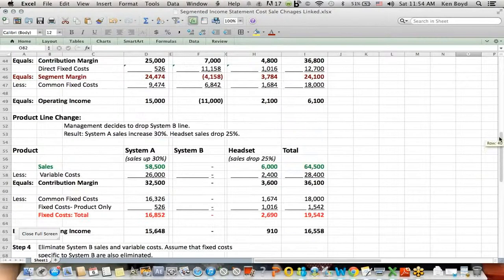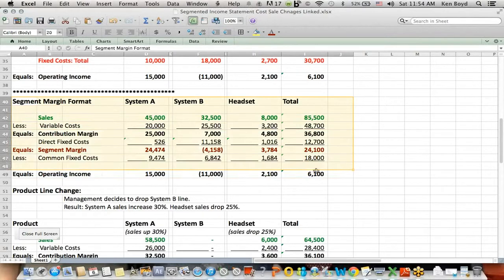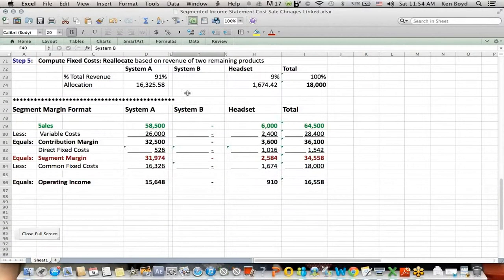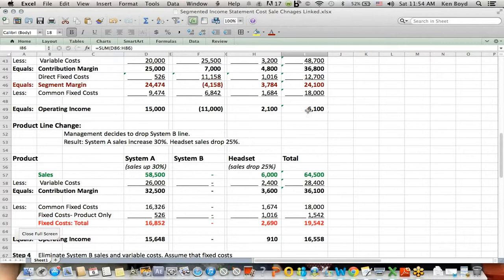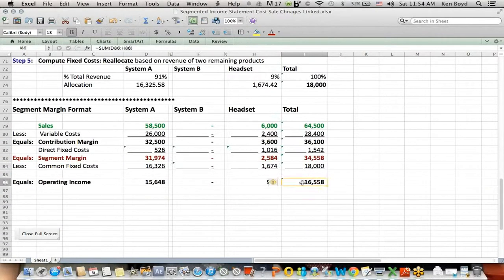So, in terms of a manager decision, we can see that the total segment margin profit was $6,100 when we had System B open. When we close System B, we have a $16,558 profit in total, which is over $10,000 higher than the $6,100, which tells us that it was the right decision to close System B, lose all those sales, but get rid of those costs, reallocate the common costs.